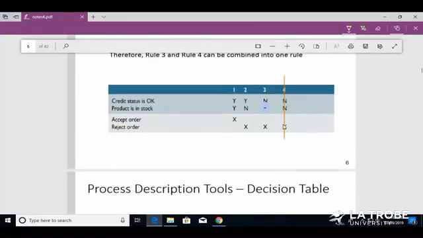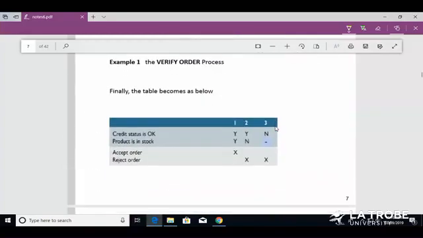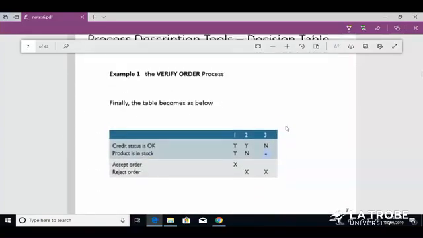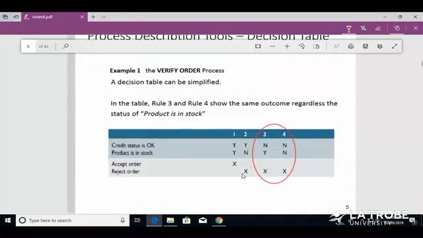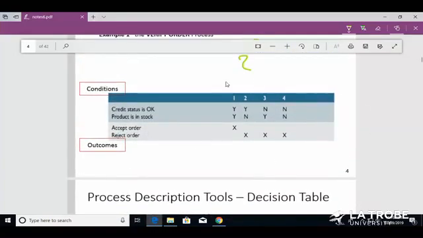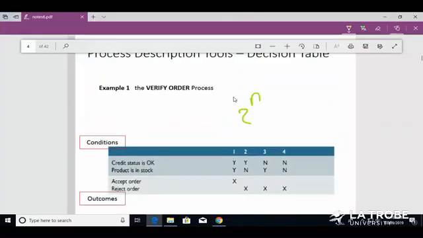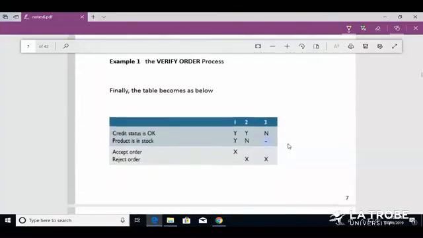Rule 1 is still the same, Rule 2 is still the same, but Rule 3 keeps the first condition, no, and we replace the second condition with a dash and remove column 4. So at the end, this is our first decision table that reflects the verify order process, and this is the simplified one.